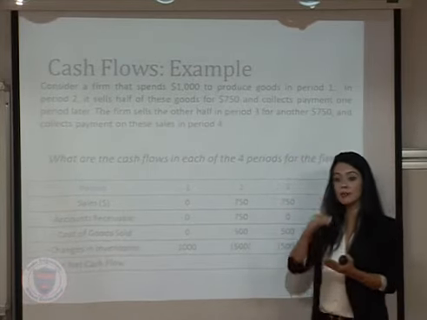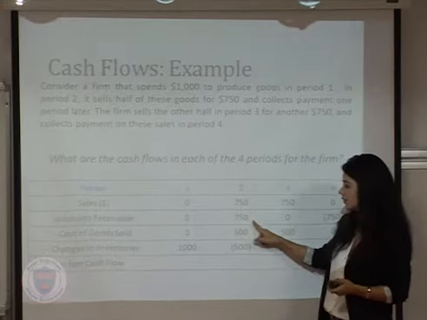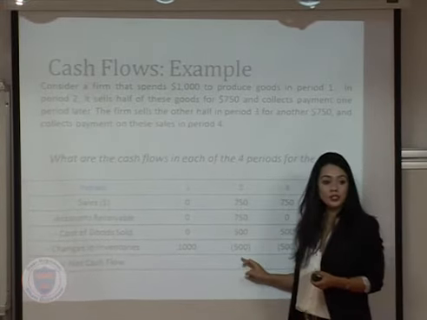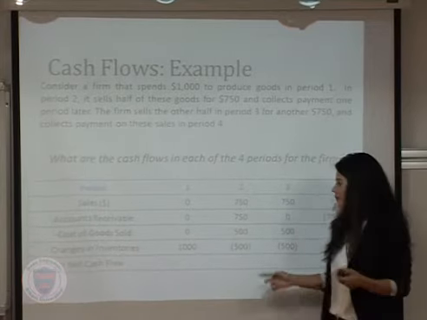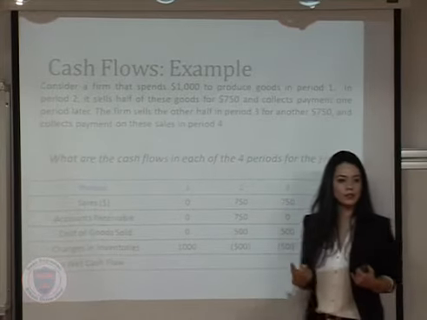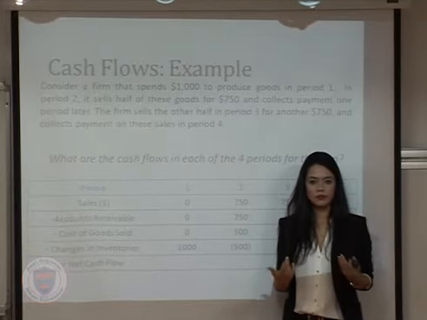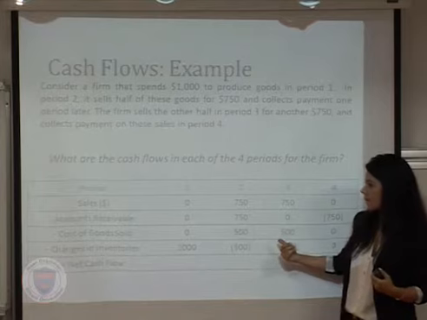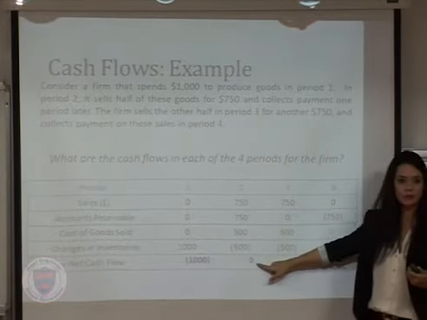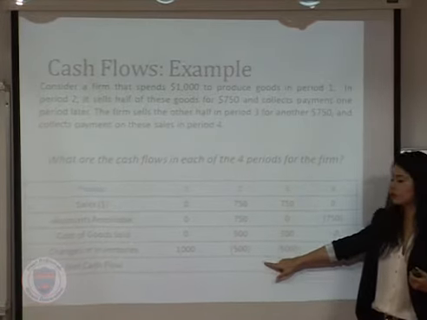So your account receivable increased by $750. And your inventories reduced by $500. You sold half of the inventory. So is there any cash in, cash out that period? Nothing. No cash inflow, no cash outflow.